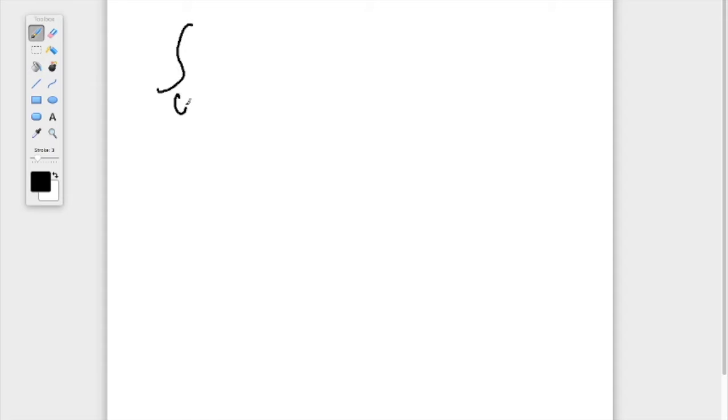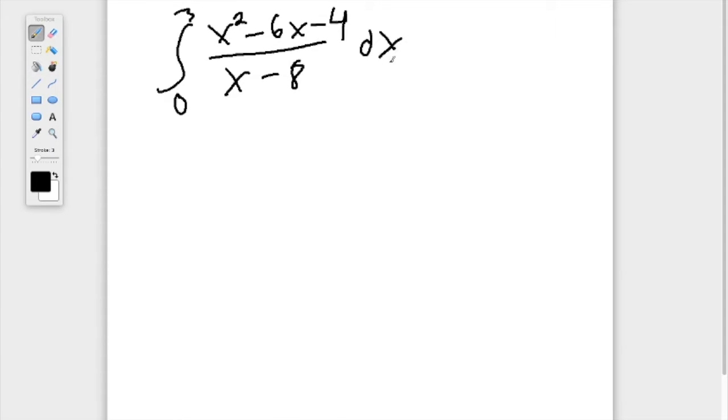The integral from 0 to 3 of x squared minus 6x minus 4 over x minus 8 dx. So let's see how we can approach this.